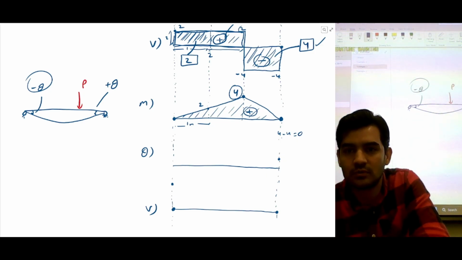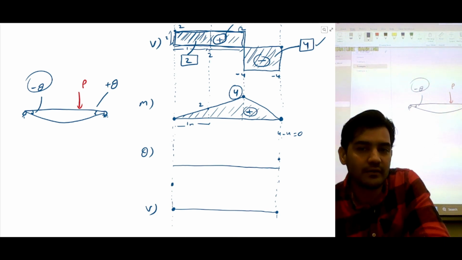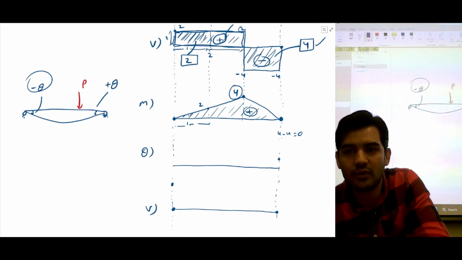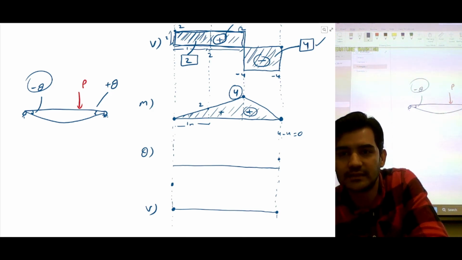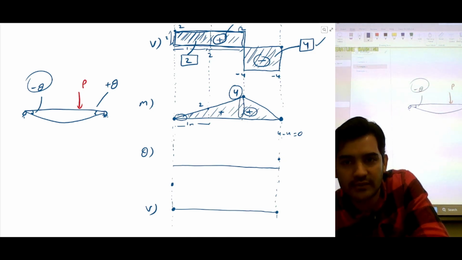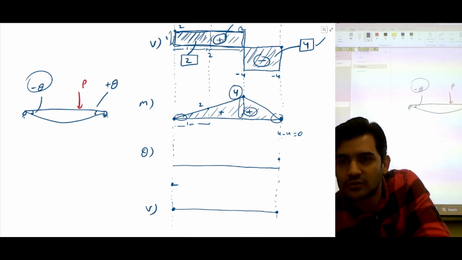So if we start from here, and if I want to calculate, this is going to keep on increasing till this point. So if I try to draw, this is a smaller area, this is a larger area. This is a smaller area, so it's going to start from something close to a straight line. This is also a smaller area, so it's going to start from something straight.